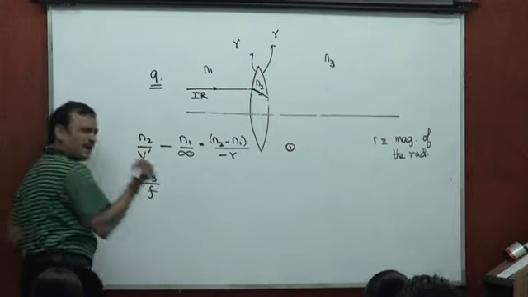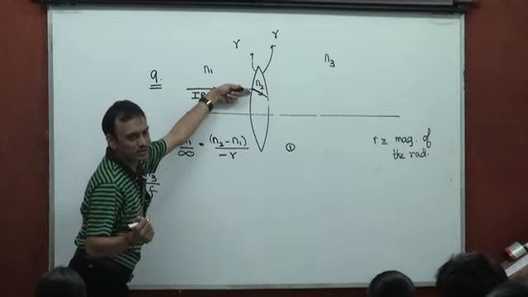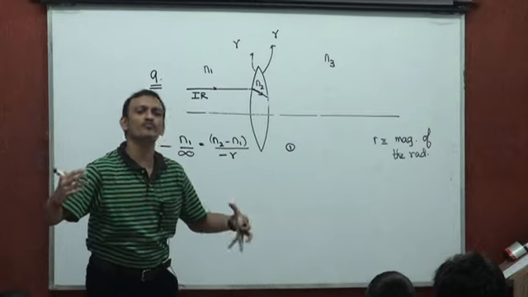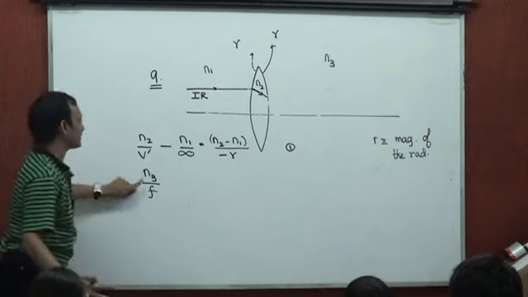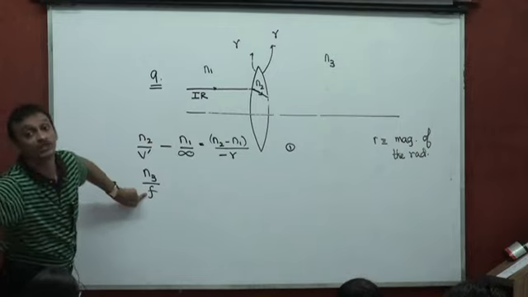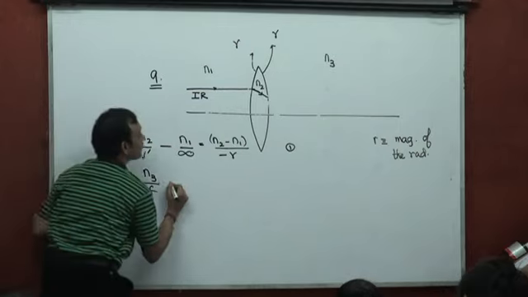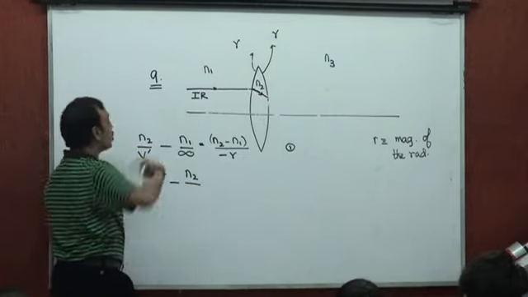The final image distance would be F, because if the rays of light are parallel to the principal axis, the final image would be formed at the equivalent focal length of the system. So N3 by F, the algebraic focal length, minus the object space refractive index divided by the object distance.